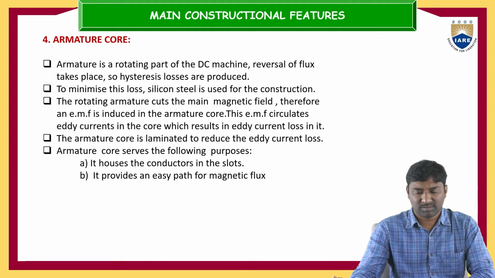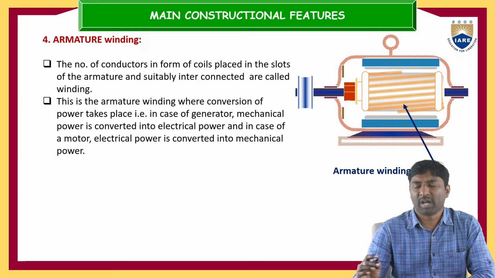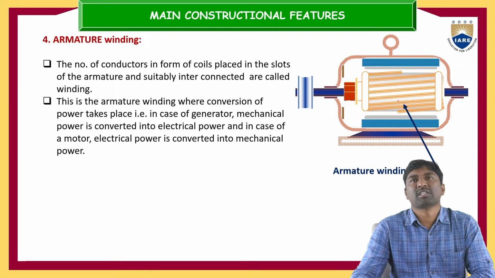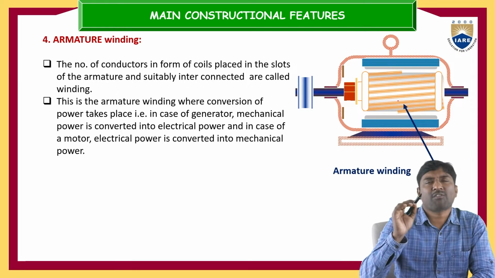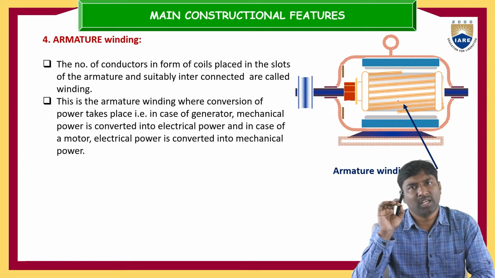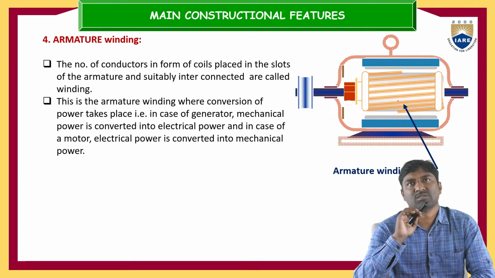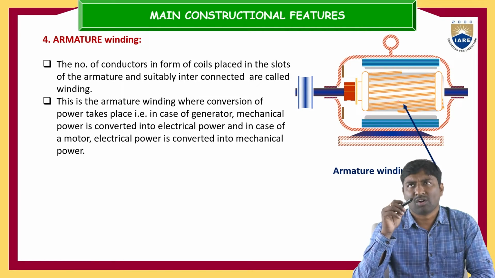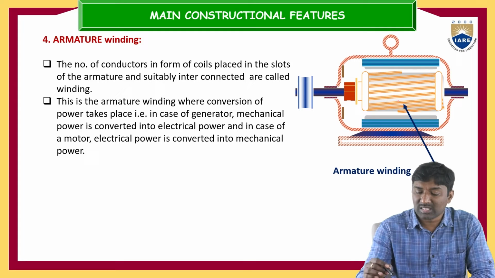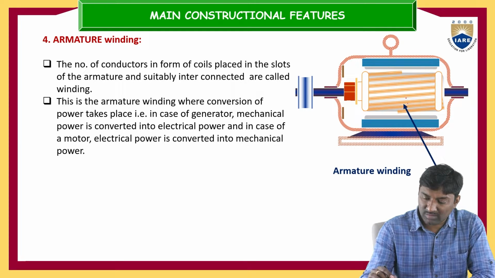Okay. Next, armature winding. You can observe this is the armature winding. The number of conductors in the form of coils, we discussed the definitions also. The coils will be placed in the slots. You can observe here, these are the slots.